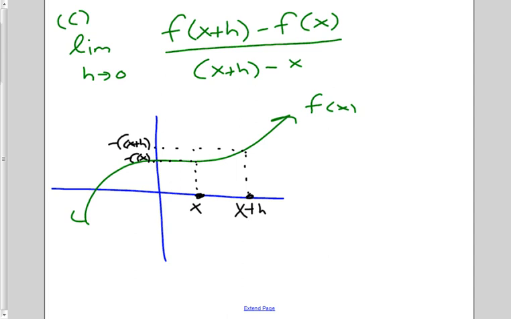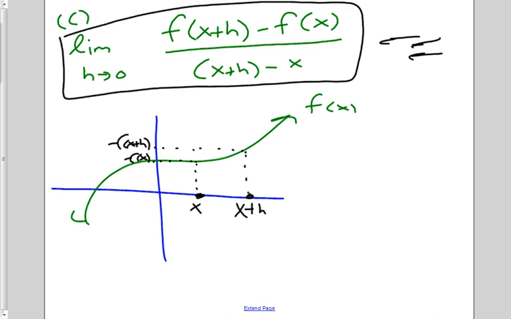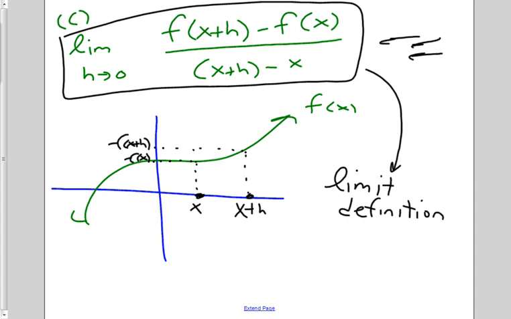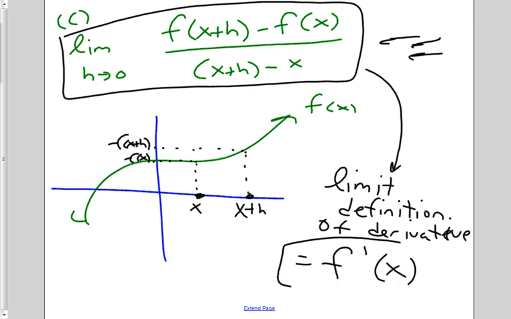So what this limit up here is actually finding is the slope. This is our limit definition of derivative. So this limit equals the derivative of f of x.